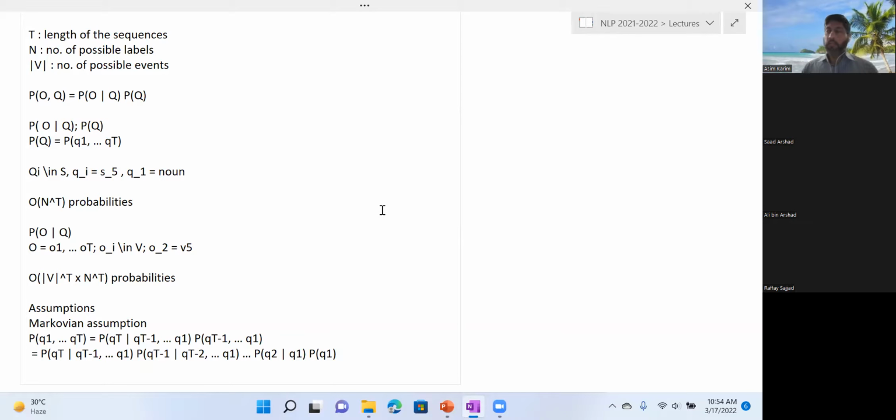So you can write it in this way. The joint of the labels, the sequence, is written in this way.